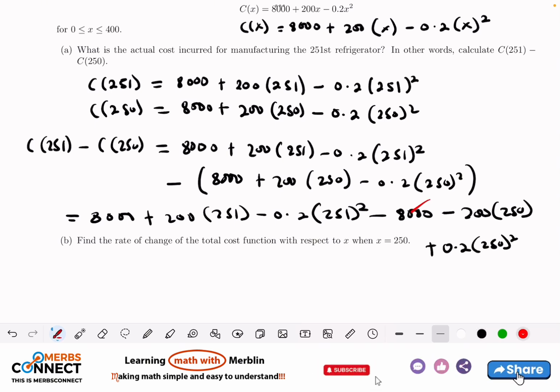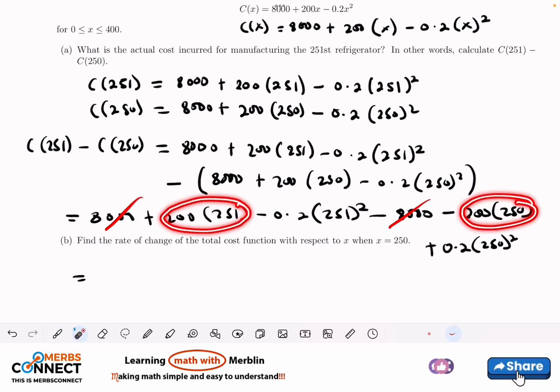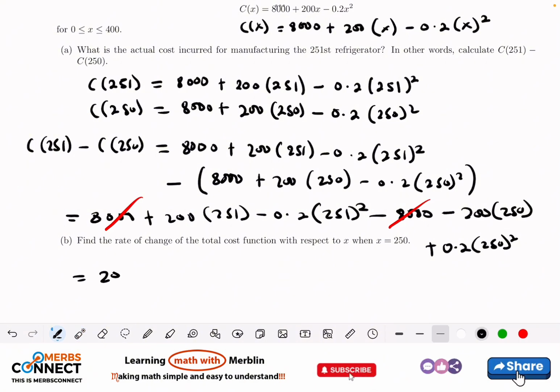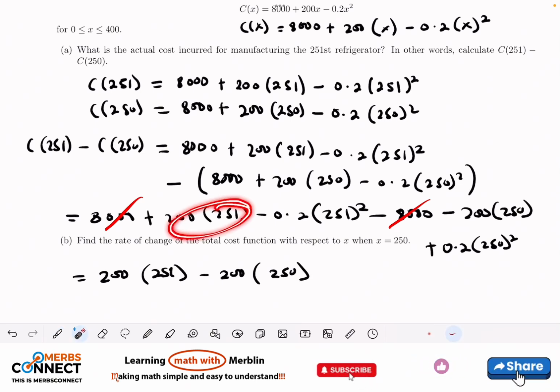We can see that the 8,000 will cancel. If I want to group items, I'll group this one with this, so I have 200 times 251 minus 200 times 250.